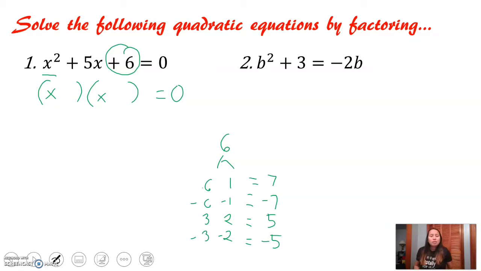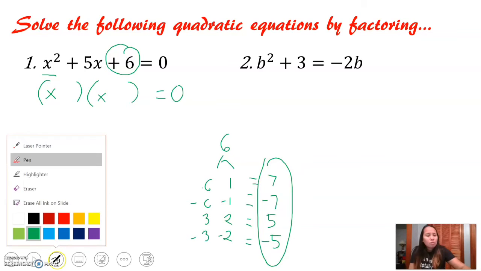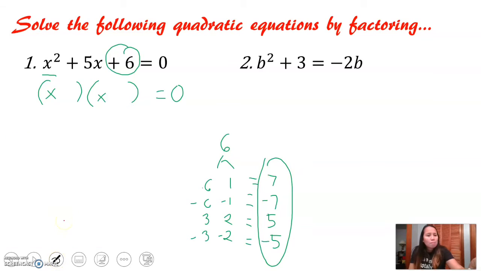All right, the last thing that we need to take note of is which one among these is equal to our middle term, or middle coefficient here. Okay, we have the 5 here, that's the same as the 5 here. Therefore, we're going to pick positive 3 and positive 2 as our factors.